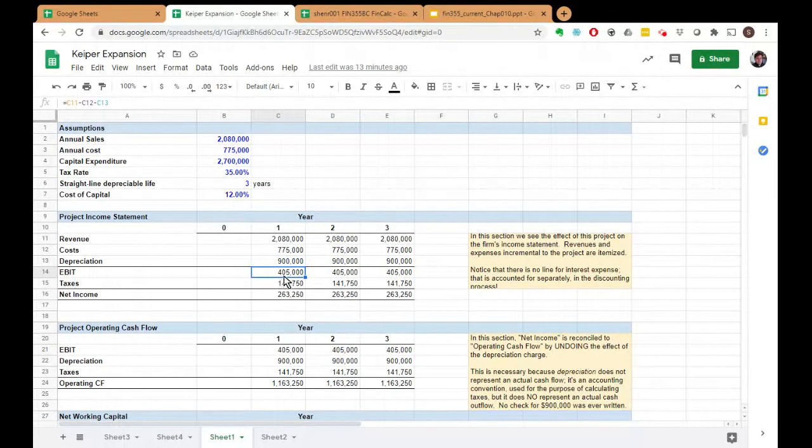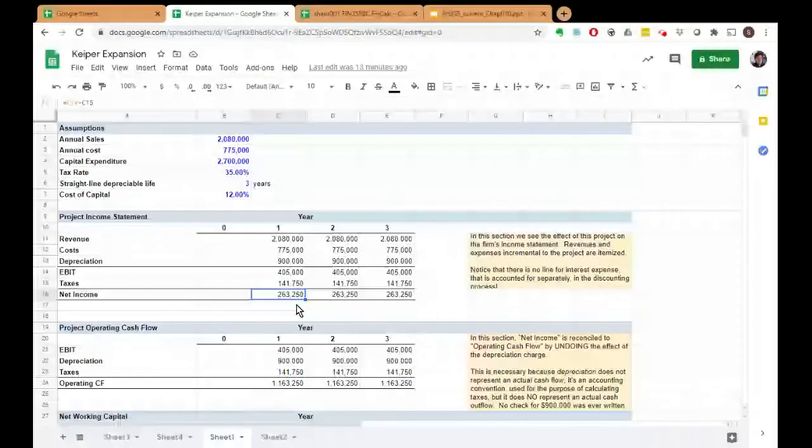As we saw previously, that results in an EBIT of $405,000. The taxes at 35% of that amount is this much, $141,750, just based on the 35% tax rate, and resulting in a net income from the project of $263,250.